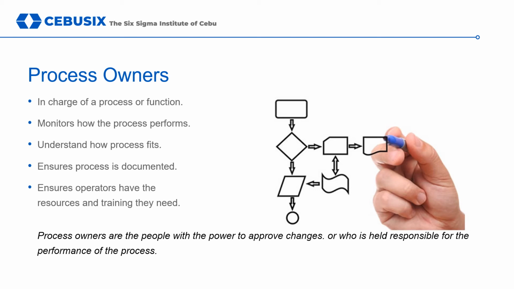He or she understands how the process fits into the overall business, why the outputs of the process are critical to business goals, and what inputs feed the process. They not only ensure that the process is documented via the standard operating procedures and that process documents are kept current and accurate, but also ensure that the operators within the process have the resources and training they need in order to complete their jobs.